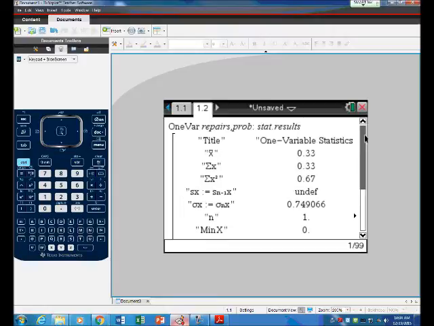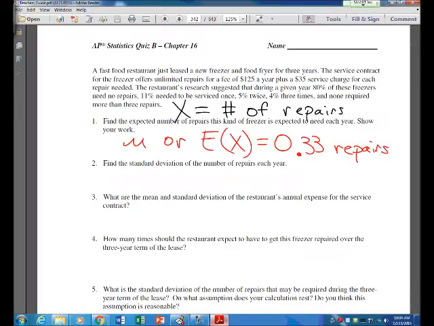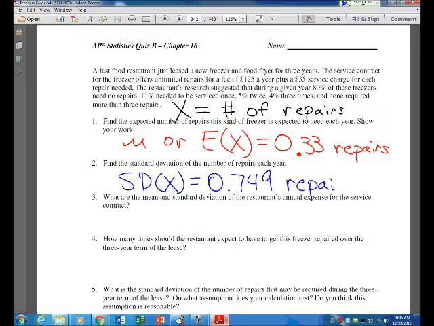We will use that again, but SX is not the one we're using this time. Now it's sigma, the symbol for standard deviation, because again, this is a model, so it's 0.749. All right, so that's going to be our standard deviation. So you can write sigma, or standard deviation of X, is 0.749 repairs.